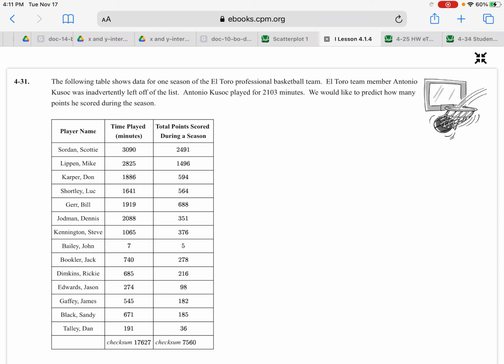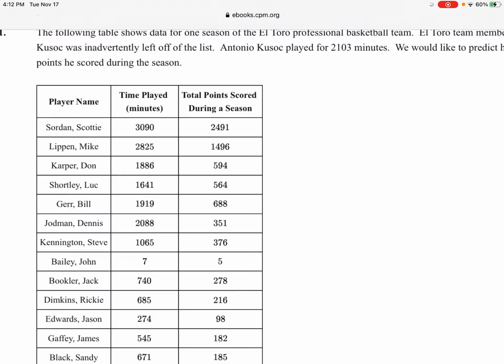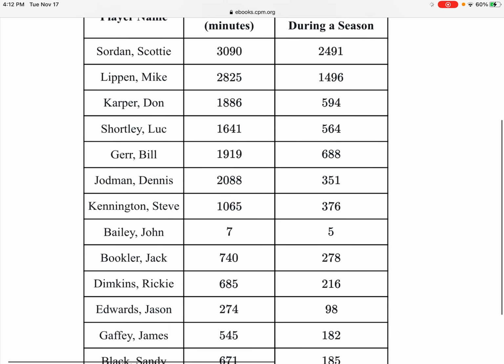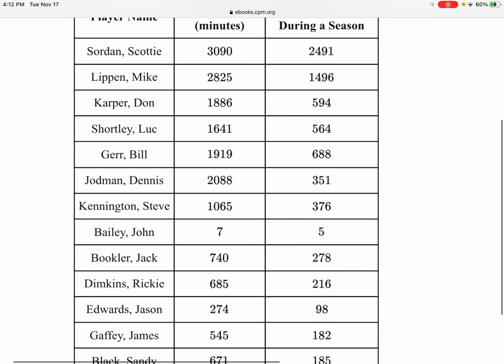This is a loosely veiled allusion to the Bulls of the early 90s with Michael Jordan, Scottie Pippen, Dennis Rodman, all these other guys. And all these names have been kind of put in there. Instead of Michael Jordan, they got Scottie Sorden.